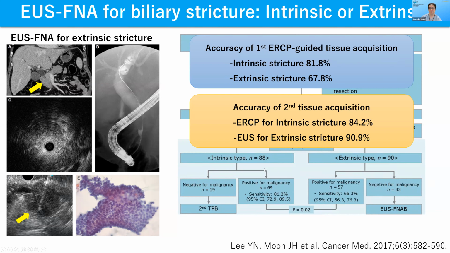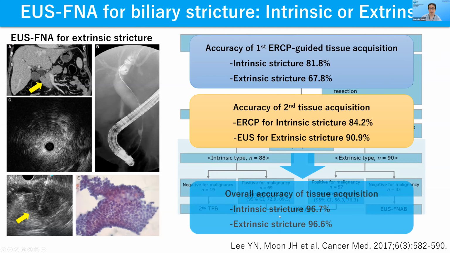And if it's negative, they perform ERCP again for intrinsic stricture, cholangiocarcinoma. It's about 84%, but they choose EUS FNA for extrinsic stricture due to pancreatic lesion or lymph node lesion. Then the accuracy was as high as 90%. And if they combined, it's more than 95%.